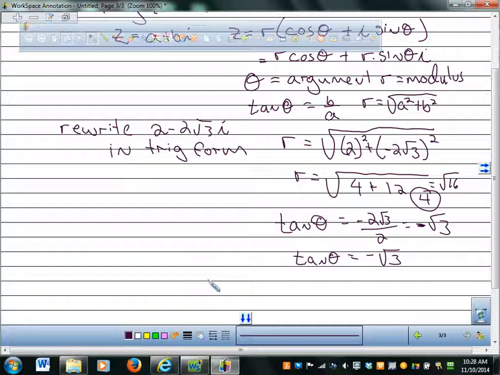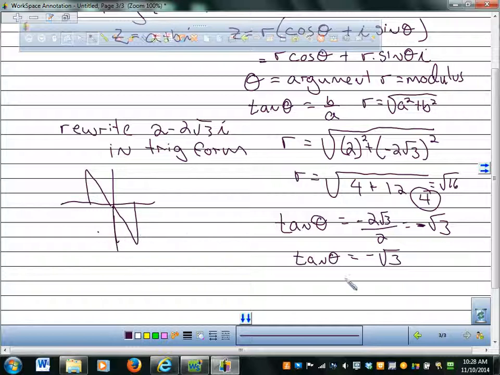And it has to be an angle between 0 and 360, or 0 and 2 pi. Whereas if I take the inverse tangent, it has to be an angle between negative pi over 2 and pi over 2. The other thing is that tangent is negative root 3 in 2 places. It's negative root 3 down here when this is negative pi over 3, and it's also negative up here when this is 2 pi over 3, okay?